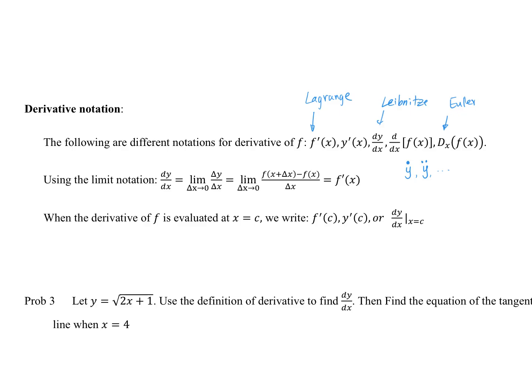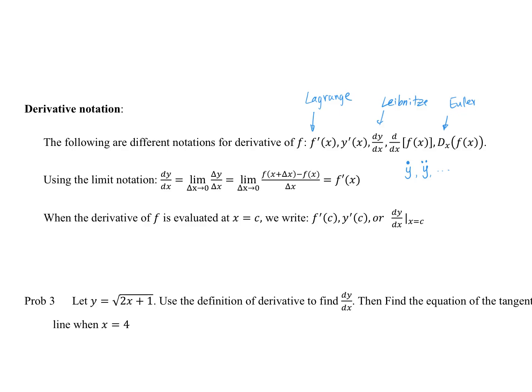All right. When we use the limit notation, basically dy dx means the limit of this difference quotient, the change in y over change in x, when delta x is approaching 0, which is equivalent to this, and all equal f prime of x. So when we say find f prime of x, that is equivalent to all these.